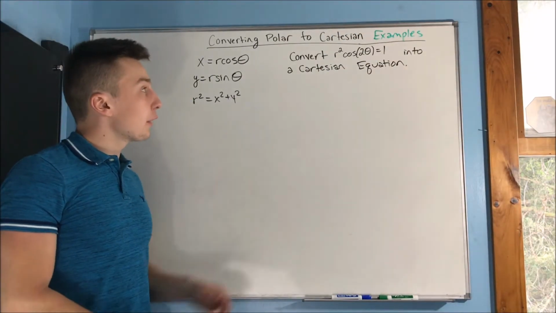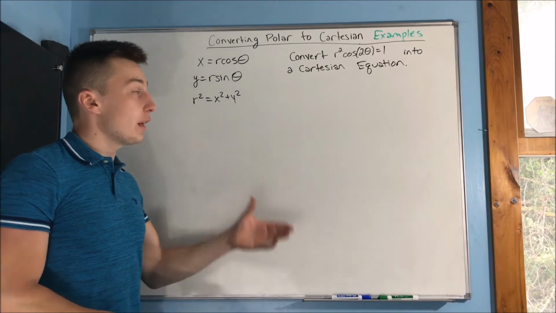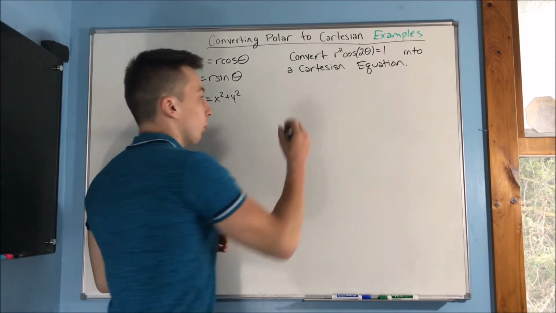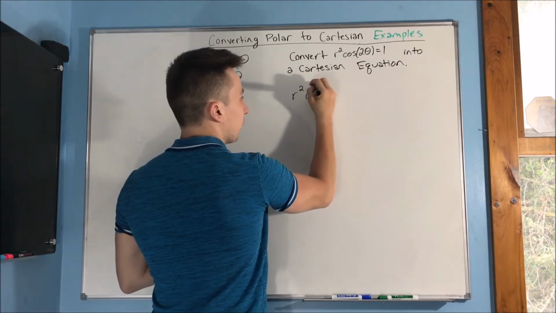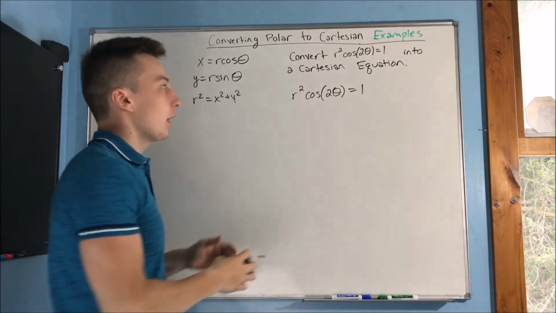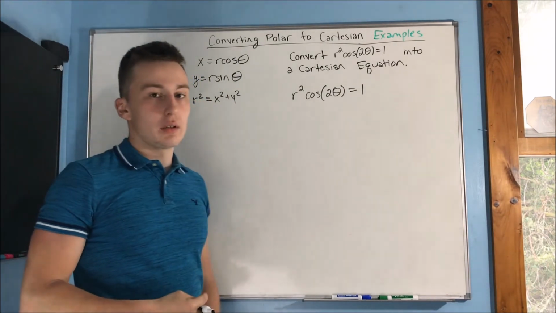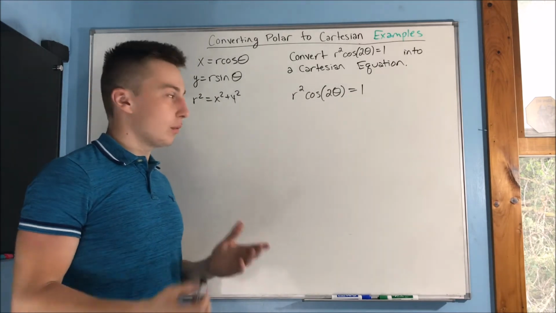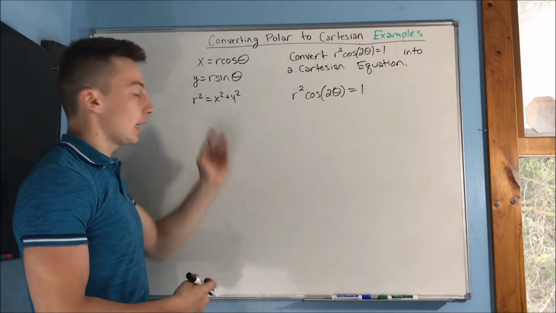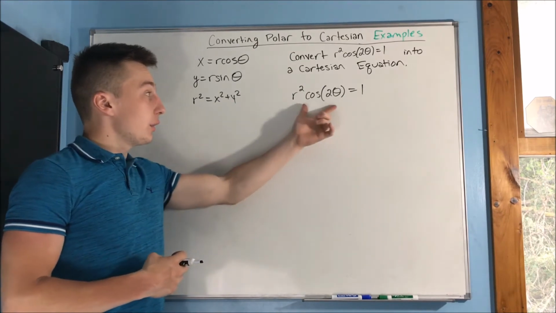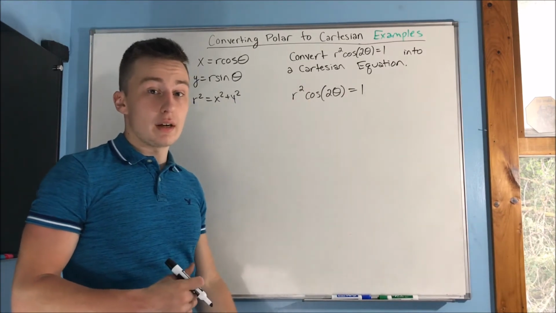Our last problem here, convert r squared cosine of 2 theta equals 1 into a Cartesian equation. Okay, so the big problem here is definitely going to be that double angle, right? That cosine of 2 theta. What are we going to end up doing with that, right? We don't even have anything that we could do with that here. Well, what we're going to have to do is just convert it using a double angle identity, okay?